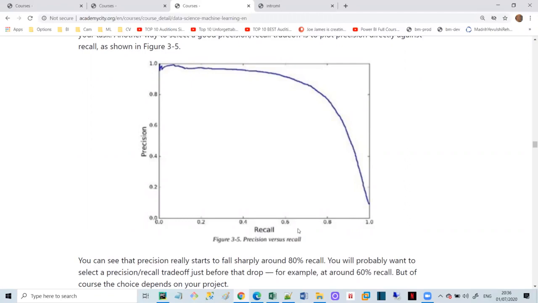Some people will say, recall is very important for me. I can't tolerate any missed cases. Because if I have cancer, I do want to make sure this algorithm will find it, and then I can take a treatment. So if it makes a mistake sometimes and tells me I am sick and I'm not sick, well, no big deal.